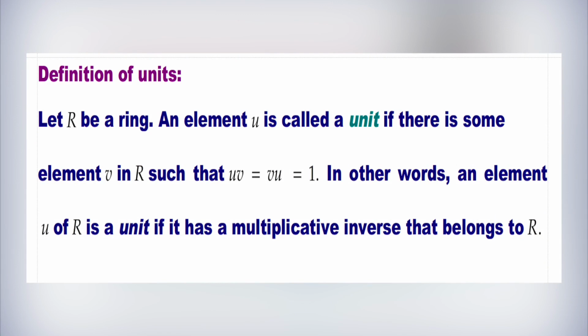Let R be a ring. An element u is called a unit if there is some element v in R such that uv equal to vu equal to 1. In other words, an element u of R is a unit if it has a multiplicative inverse that belongs to R.